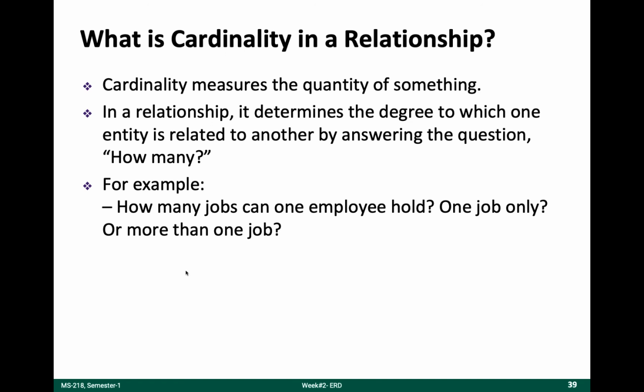If I am assistant professor or lecturer, I have only one job in this particular mini world. I'm not talking about taking other job, part-time jobs, no. I'm just talking about NUIG database. In NUIG database, there is only one job for me, but there could be many lecturers. Remember, we discussed that relationships are bidirectional.